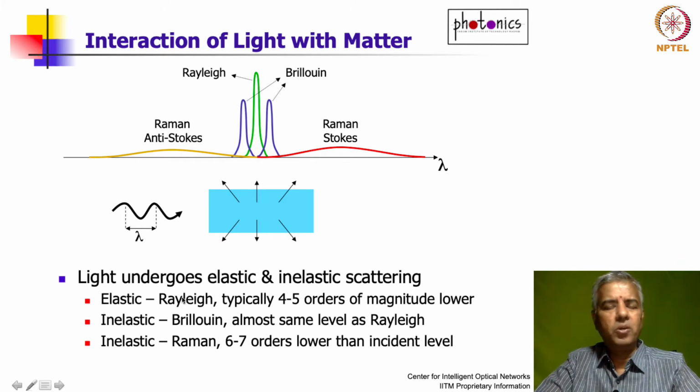Typically, when you're talking about Rayleigh scattering, we are looking at 4 to 5 orders of magnitude lower compared to the light that you went in with, and Brillouin scattering is almost within an order of magnitude compared to Rayleigh, but Raman scattering is much less probable, and correspondingly, when you look at the backscattered light, that could be 6 to 7 orders of magnitude lower than the incident light. So these are very faint scattered signals.